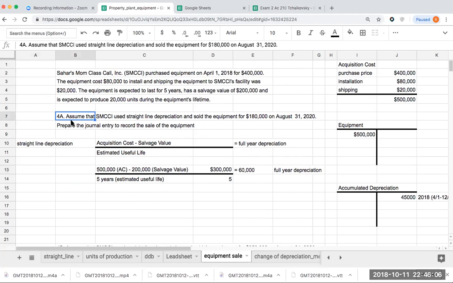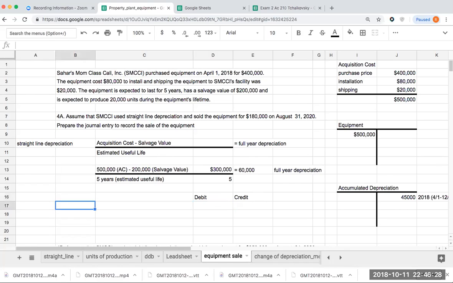So we're assuming that we use straight line depreciation, and we sold the equipment for $180,000 on August 31st, 2020. If we're selling equipment, in terms of a journal entry we're going to be getting some cash.